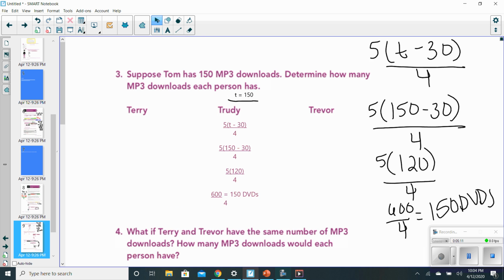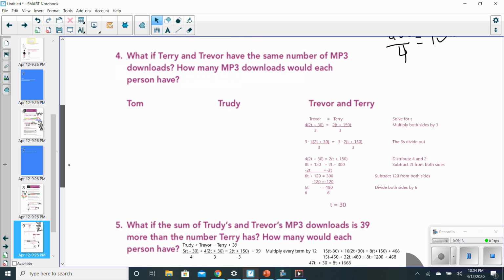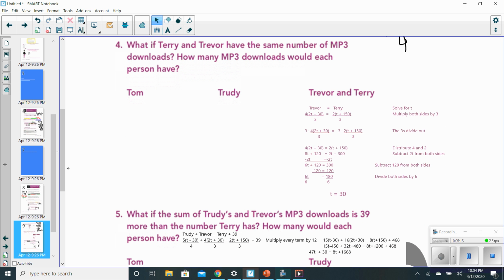Now, let's move on to question 4. So question 4, there's a lot. It says, what if Terry and Trevor have the same number of MP3 downloads? How many MP3 downloads would each person have? So what you need to do is set Trevor and Terry equal to each other. So that's what we did here.